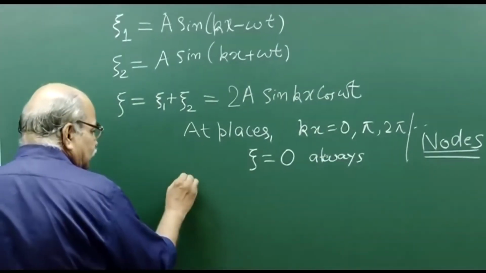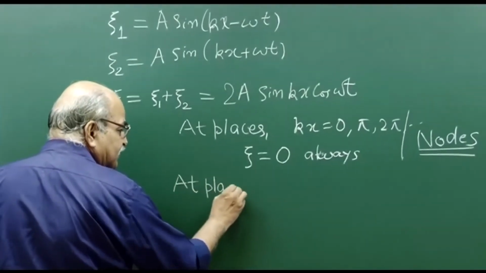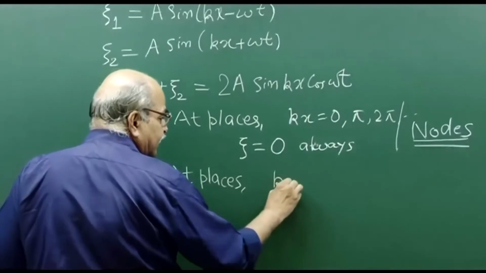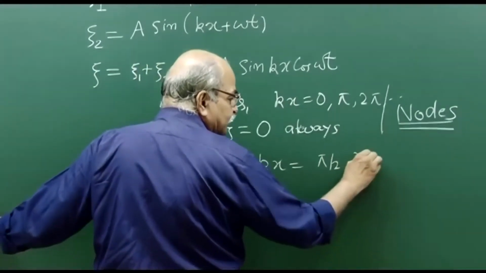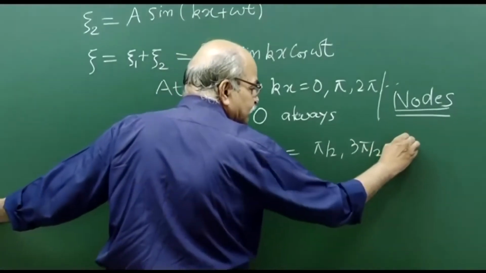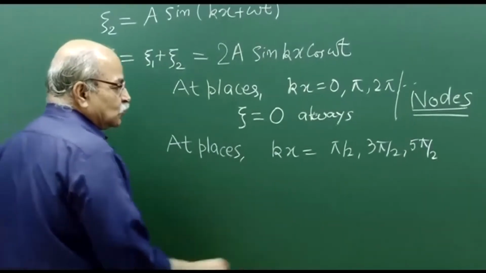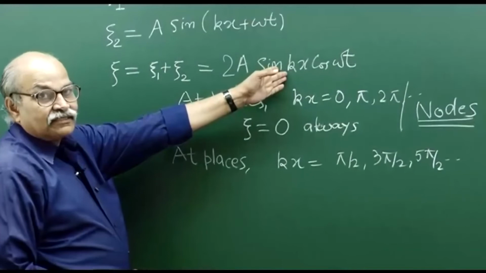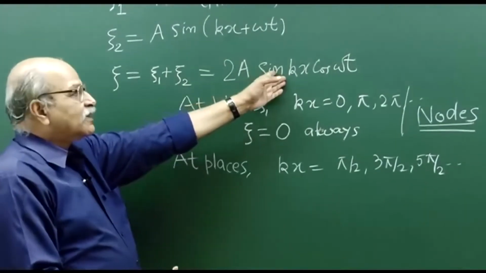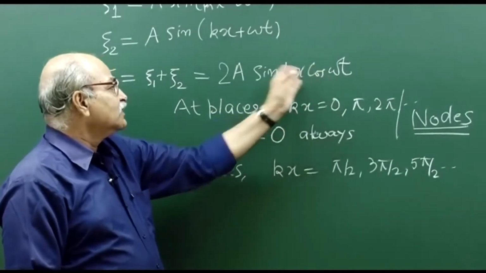And then you have other positions midway between these, where kx is pi by 2, 3 pi by 2, 5 pi by 2, odd integral multiples of pi by 2. In that case, this is always 1 or minus 1, it does not matter, because it is anyway going from plus 1 to minus 1 and back.